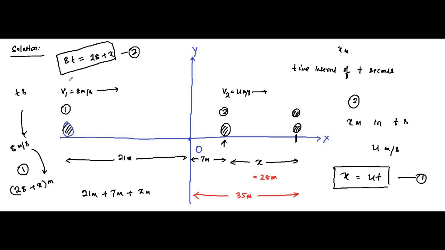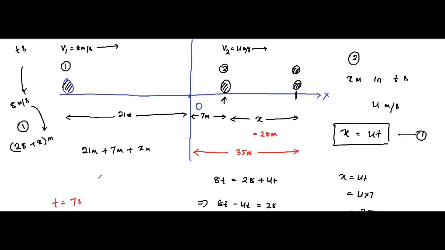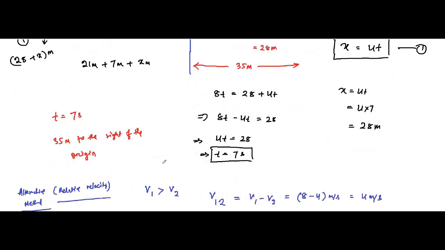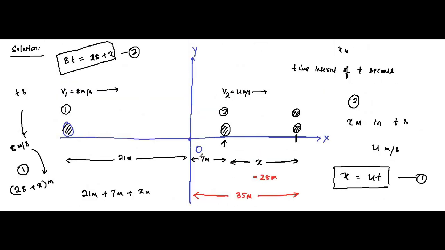Then particle 1, which travelled a total distance of 28 plus 4t, covered a distance of 8t. So 28 plus 4t is equal to 8t, and with basic mathematical calculations we got t is equal to 7 seconds, and from that we determined the location where they will meet. So this is the solution.